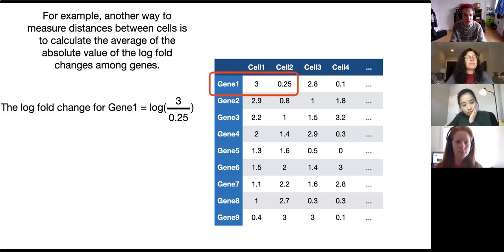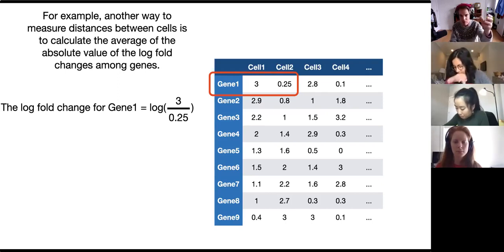So for the example, the log fold change for gene 1, and we're just looking at cell 1 and cell 2, not the other cells right now, is just the value for gene 1 in cell 1, which is 3, divided by the value in cell 2, which is 0.25, and then we take the log of that ratio.